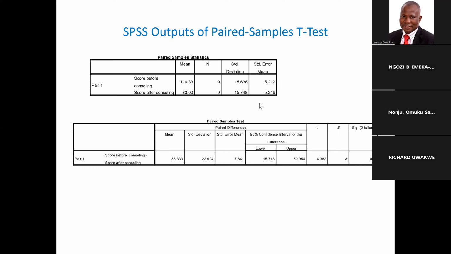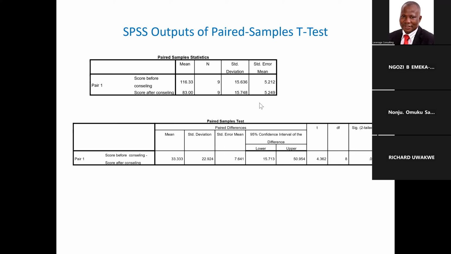But this one gives you the mean difference directly, because it is D by D, that 33.33, and gives you the confidence interval of the difference. It also gives you the T statistic, degrees of freedom, and p-value. You see that the p-value is 0.002, which is very, very significant.